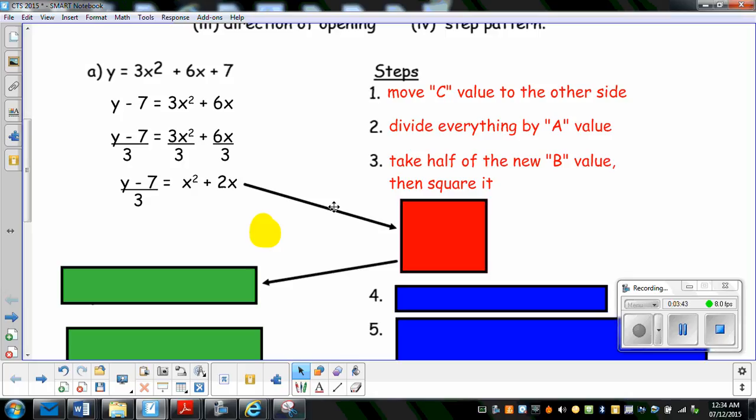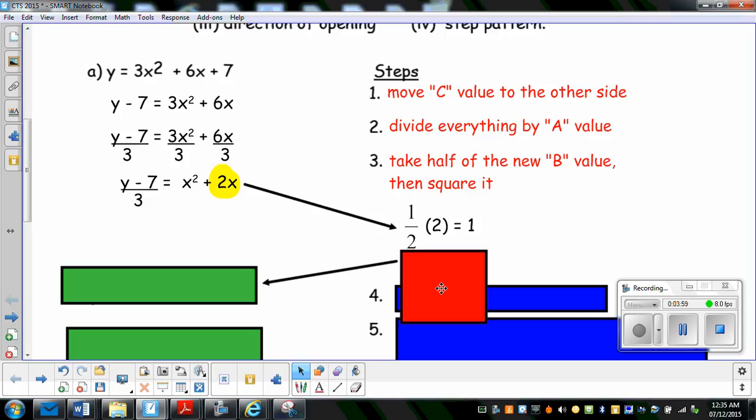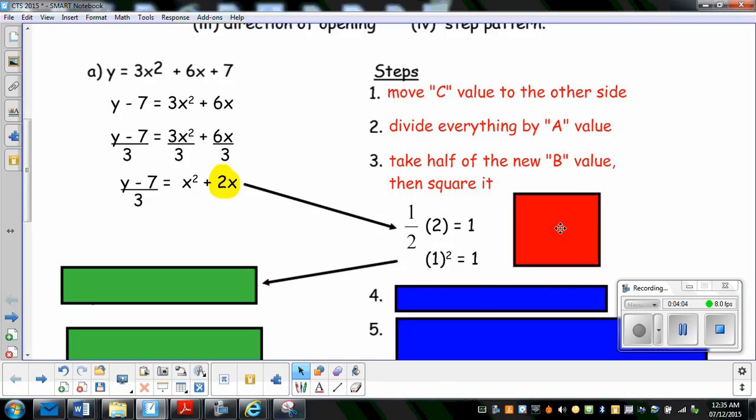Now here's where the fun begins. The b value is the number in front of the x. We're going to take half of that b value and then square it. If I take half of that 2, I get 1, and when I square 1, I get 1.